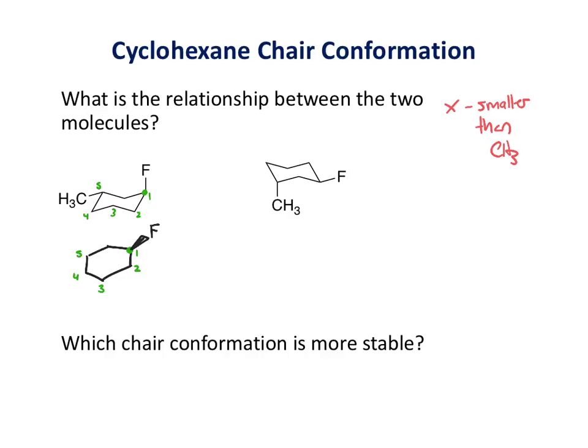All right, the other group is at 5. It's a methyl group. That one is pointed downward, so put that on a dash. Like that. All right, let's do the same thing with this one. There's my reference point with the fluorine.